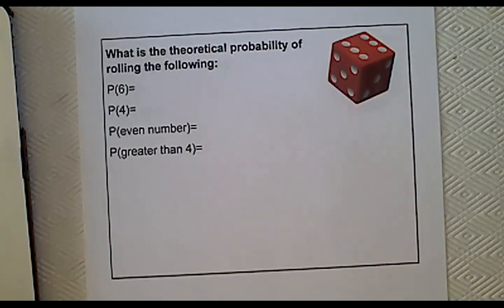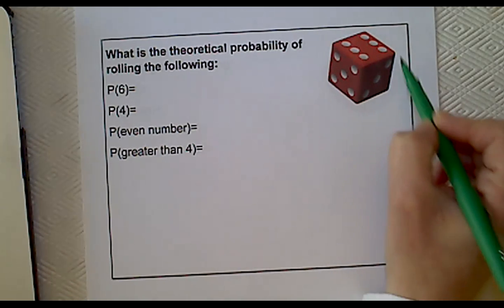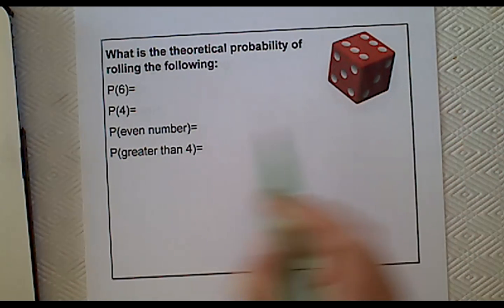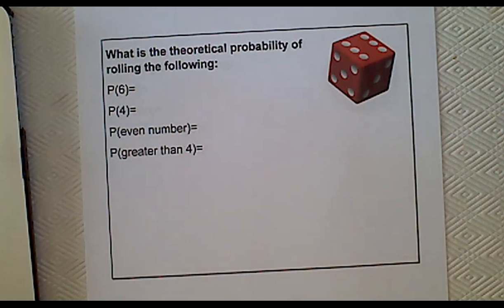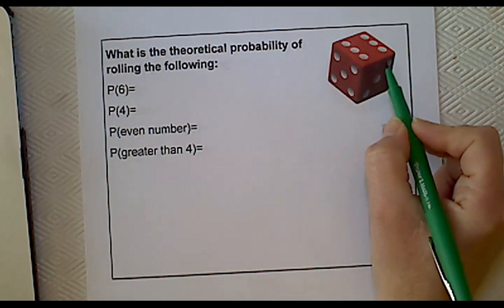In my first question here, it wants to know what is the theoretical probability of rolling the following. So you'll see here I have a standard number cube, 1, 2, 3, 4, 5, and 6. And it wants to know what is the theoretical probability of rolling the number 6. Well, think about it. How many 6s do you have on a number cube?